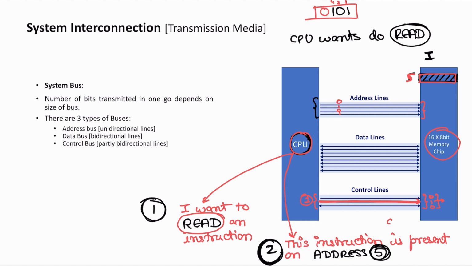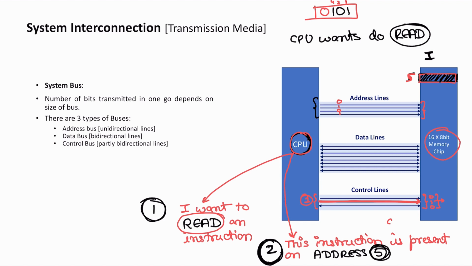And in return, what will main memory do? Main memory will send the instruction which is present at address 5 within this memory. It will send this instruction via some set of lines. This set of lines is dedicated to sending data or instruction.